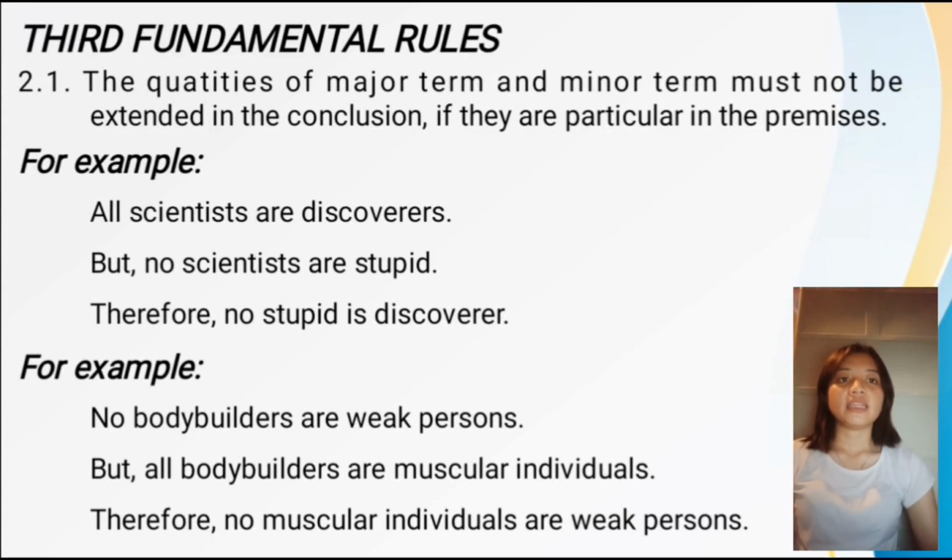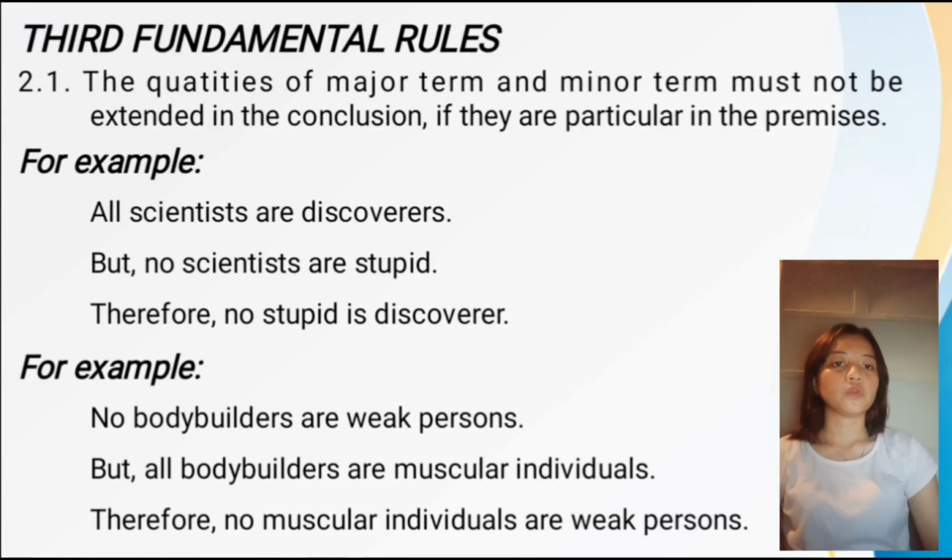So, in this given example, the fallacy of illicit process of the minor term occurs. This fallacy occurs when the subject term or the minor term is particular in the premise and then appears to become universal in the conclusion, which is logically incorrect.